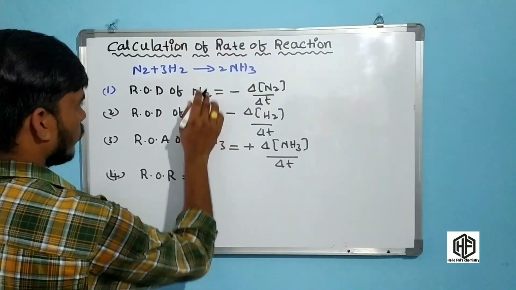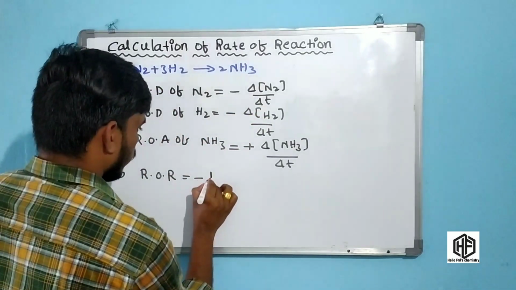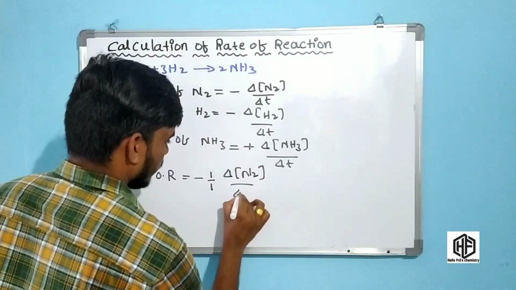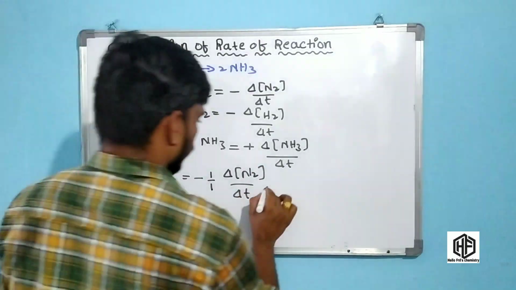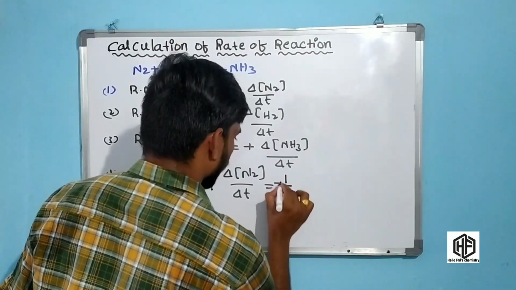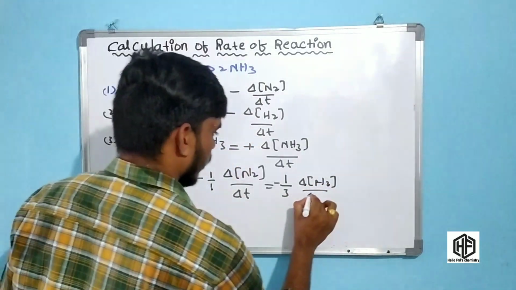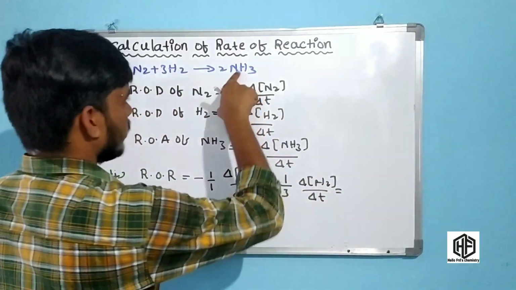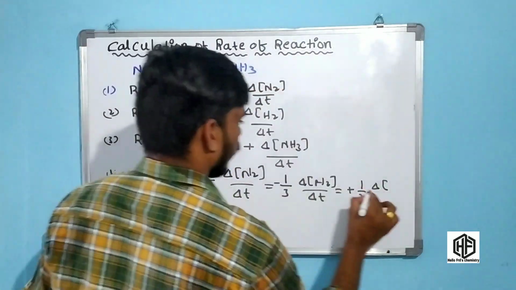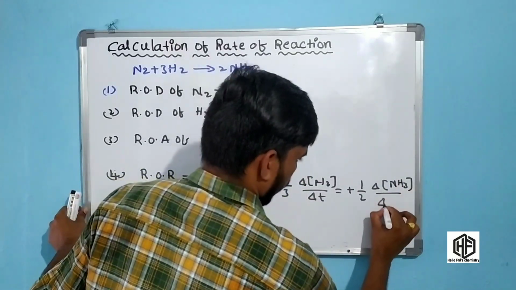The general formula for this reaction is minus 1 by 1 change in concentration of N2 by change in time t, equal to, with the 3 present, minus 1 by 3 change in concentration of H2 by delta t, equal to, for the appearance, positive 1 by 2 into change in concentration of NH3 by delta t.